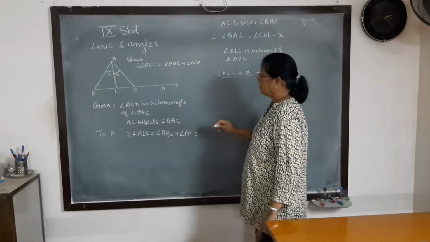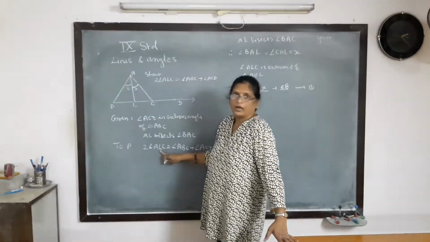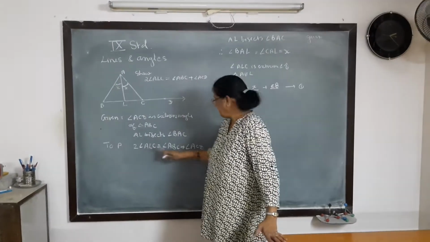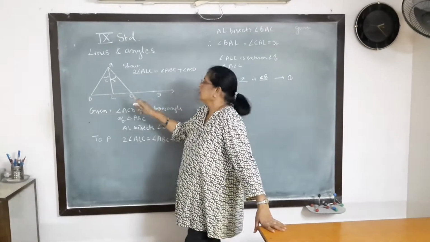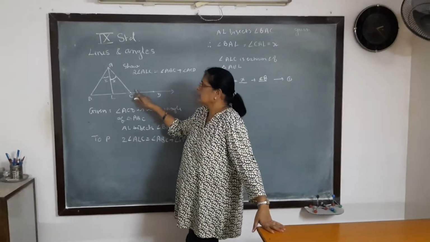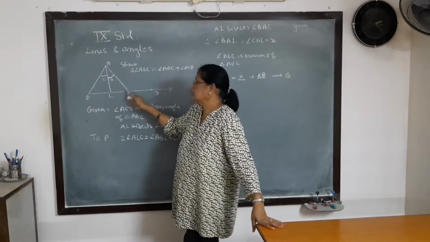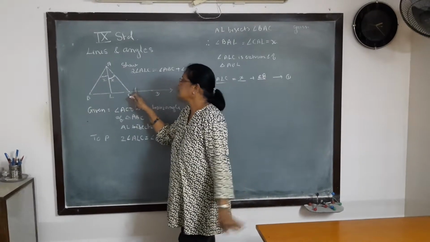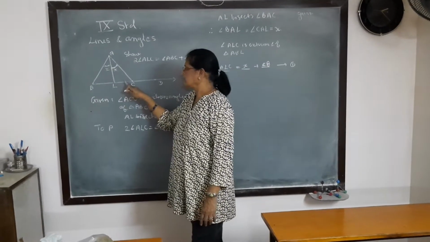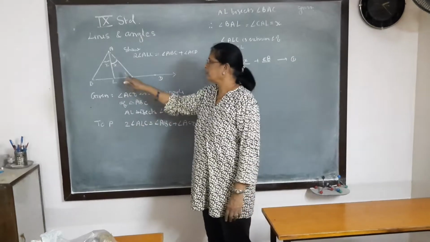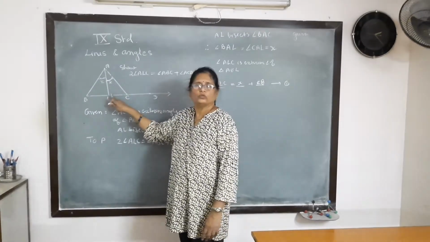Now, since it is twice ALC, I must have one more ALC appear, and here is ACD. We know that ACD is also an exterior angle. This ACD is exterior angle of triangle ABC, as well as I can also say that angle ACD is exterior angle of triangle ALC. I shall prefer ALC because I will get ALC if I take triangle ALC. If I take ABC, it will be difficult for me to get to ALC.